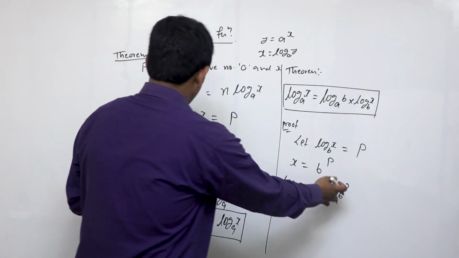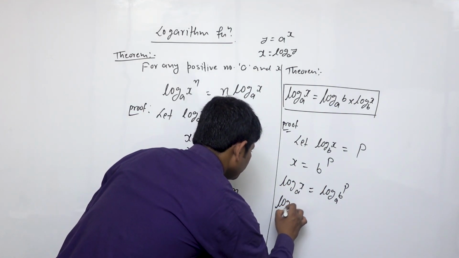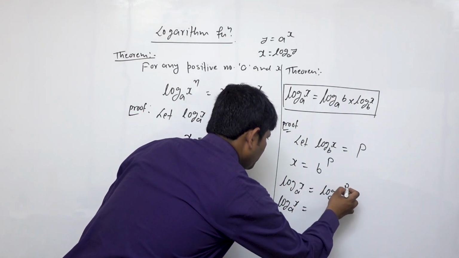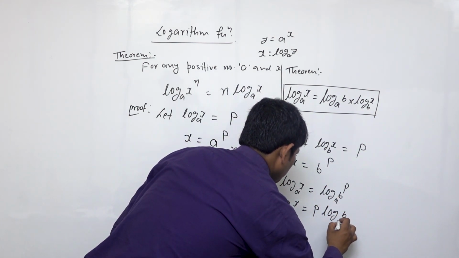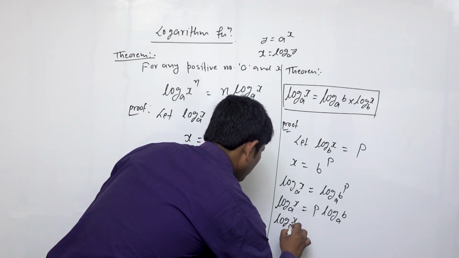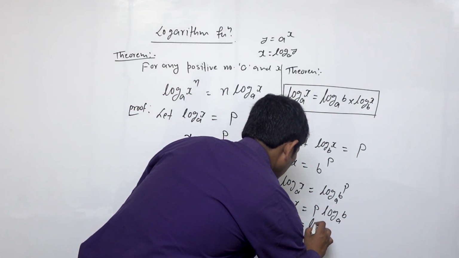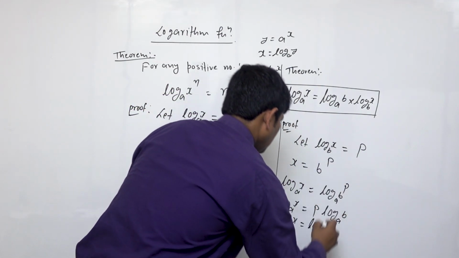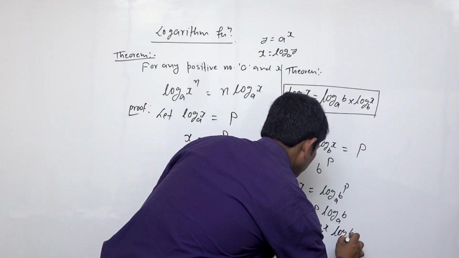Now we apply the power rule we did before. So log of x to the base a is equal to p times log of b to the base a. What is the value of p here? p is log of x to the base b. So log of x to the base a is equal to log of x to the base b times log of b to the base a.